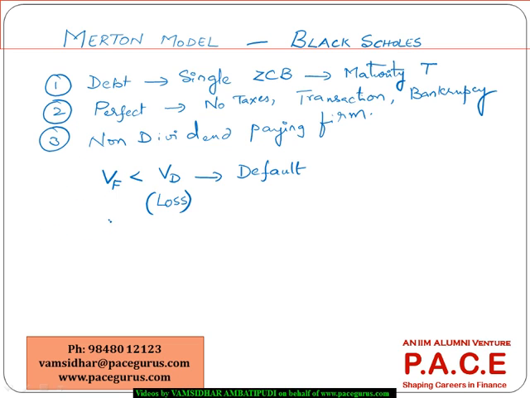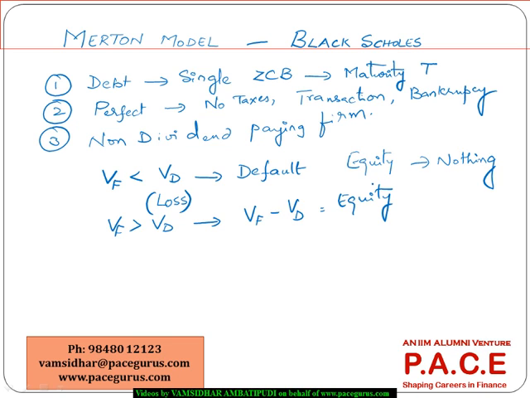But at the same time, if the value of the firm is greater than the value of the debt, the difference is the value that would be paid to the equity investors. This is the basic workout we have done. So in this case, the equity investor will receive nothing, and the debt investor will receive a cut in their value.